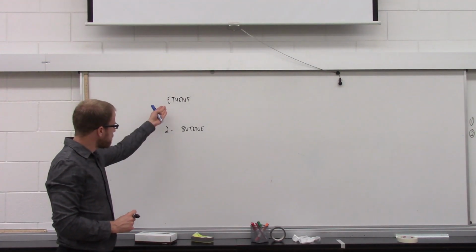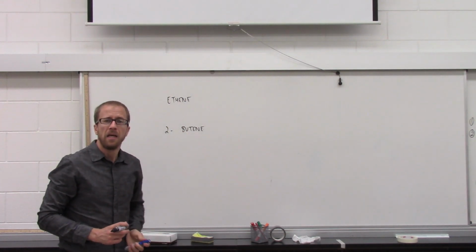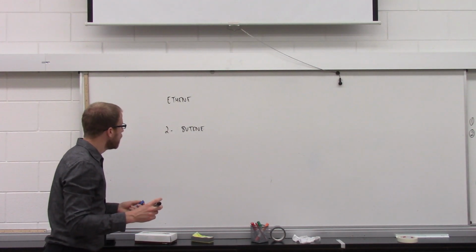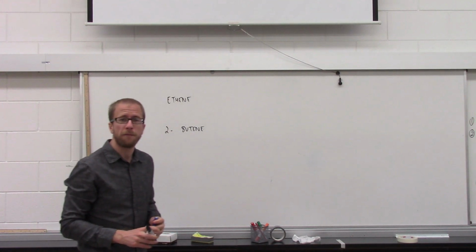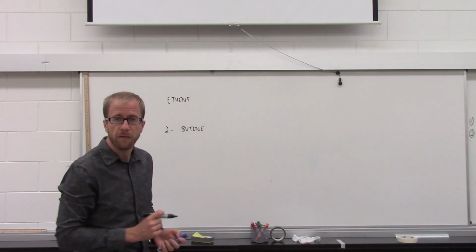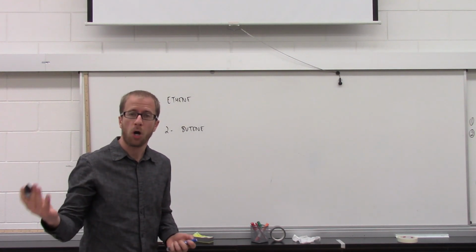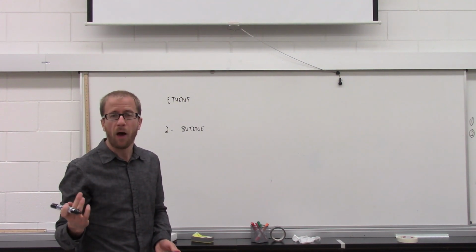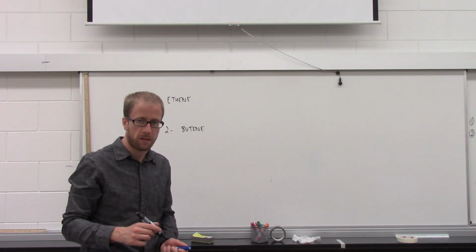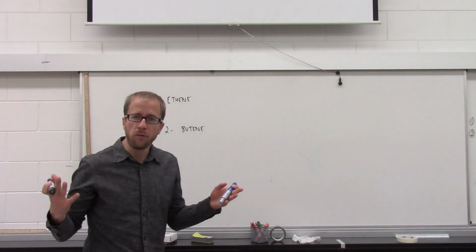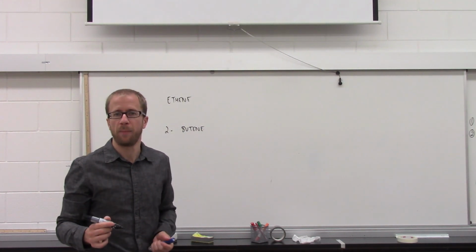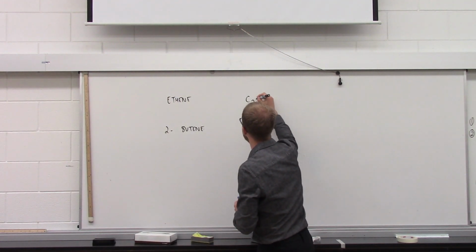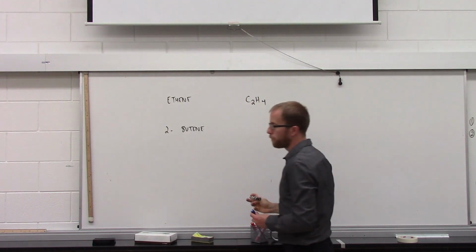So if we look at ethene and 2-butene, let's figure out their molecular formulas and their structural formulas. So what is the molecular formula for ethene? Well, what does eth stand for? Well, that's 2 carbons. And if it was an alkane, that would be C2H6. But since we've removed 2 of those hydrogens by adding a double bond, our molecular formula is now C2H4.